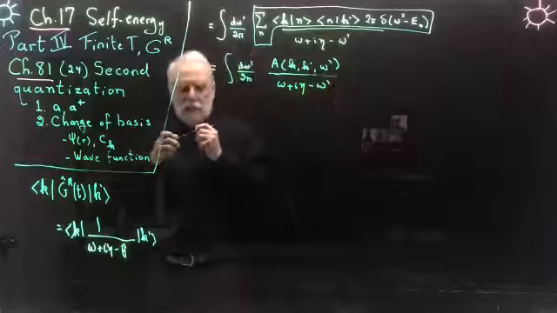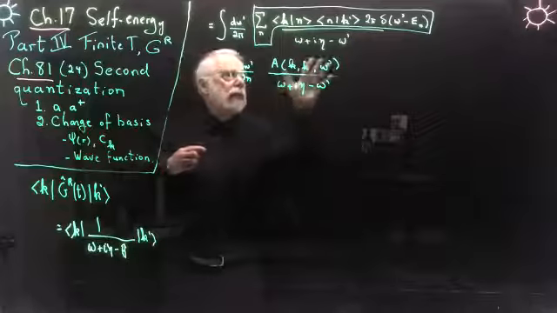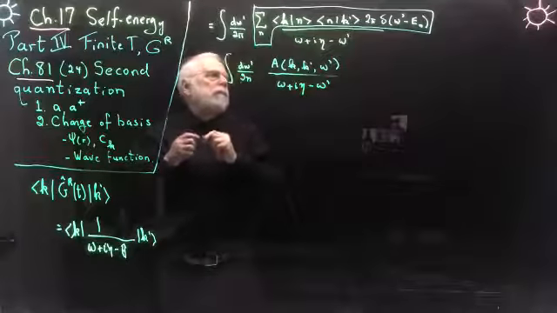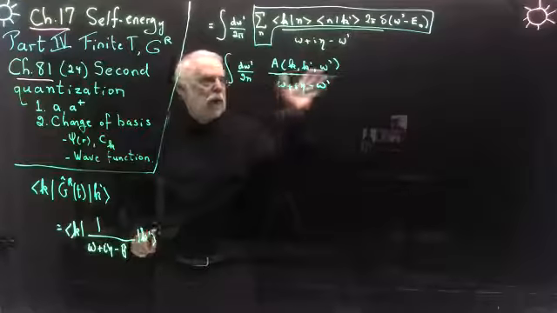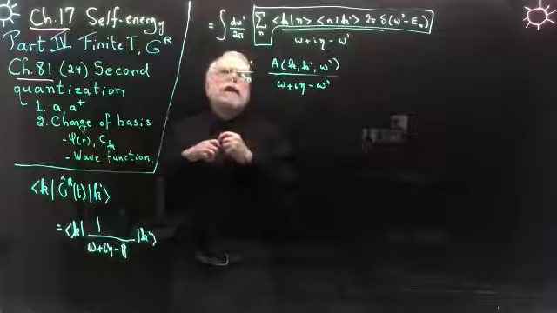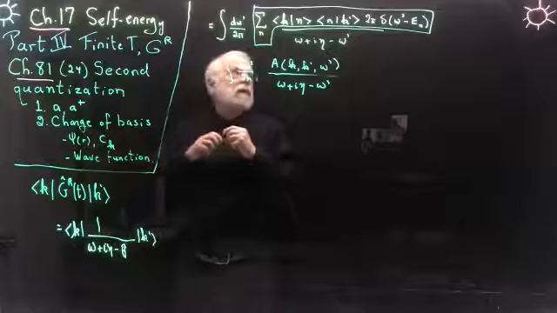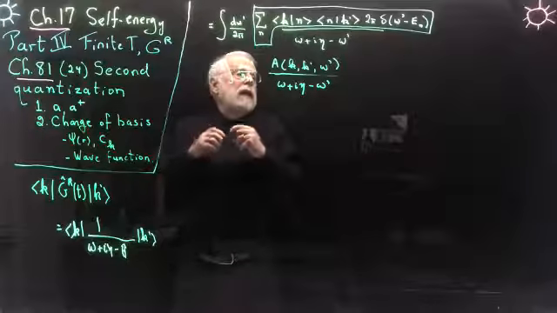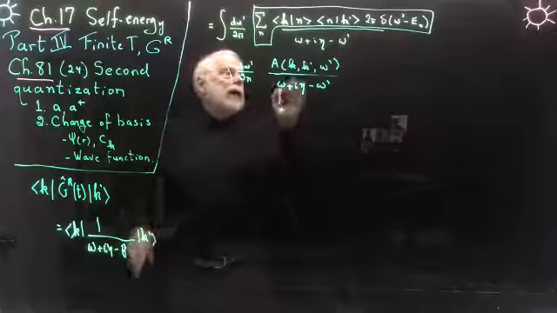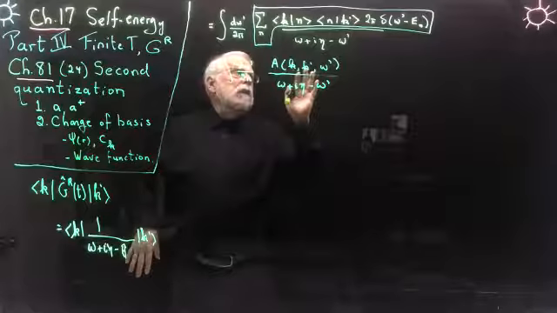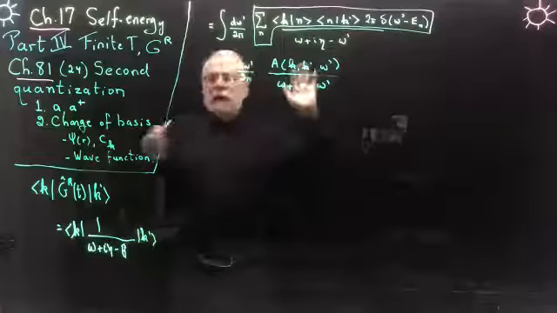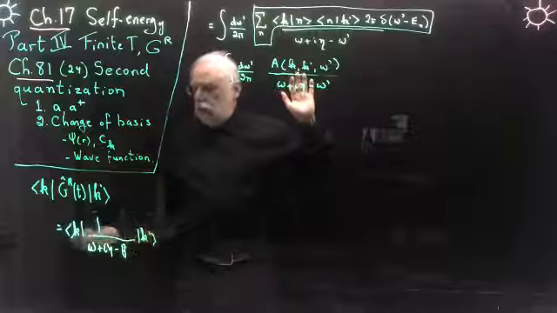Okay, so that's the spectral function. Now suppose I want to do just k equals k prime, and in addition I assume that k are good quantum numbers.